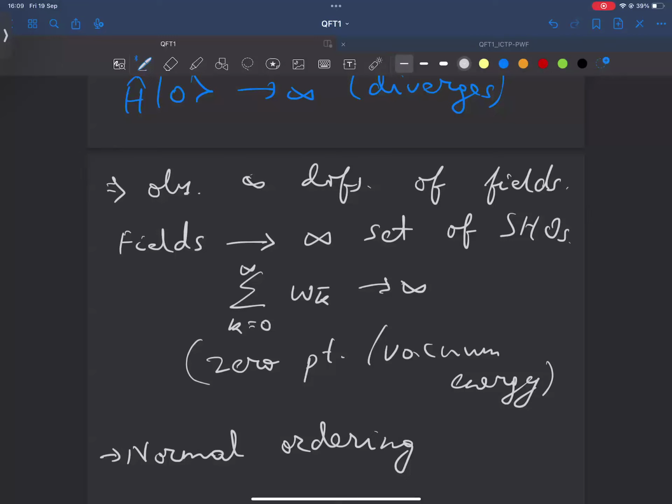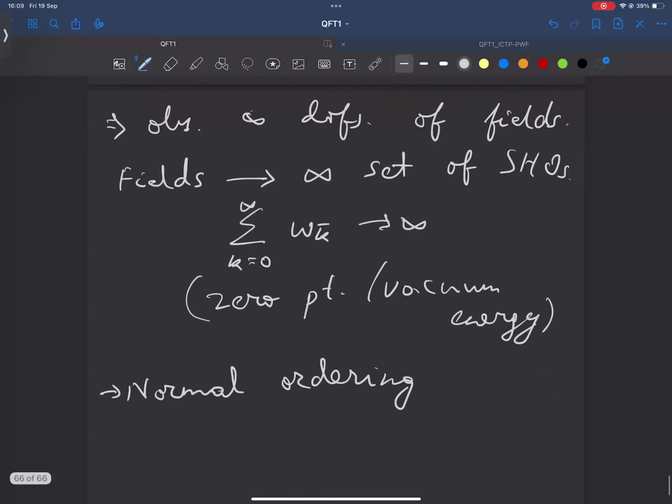So in energy differences, at every level you will have this infinite contribution, but when you take the difference, these infinities will cancel among themselves, just like in the simple harmonic oscillator case. So the zero point energy contributes an infinite energy here. That's why we can just neglect this. We can treat this as a reference, and all we want to measure is on top of this infinite zero point energy. So that's the prescription of normal ordering.